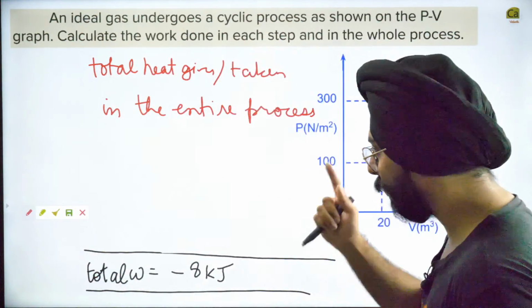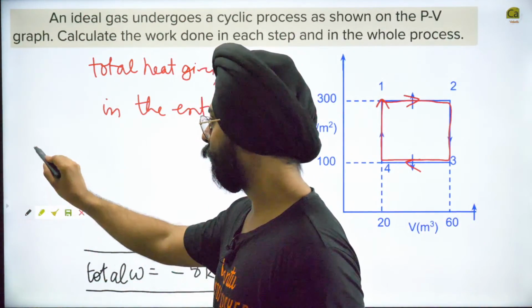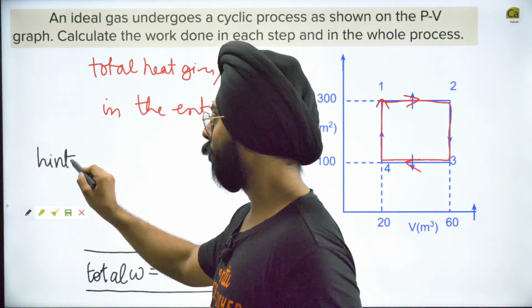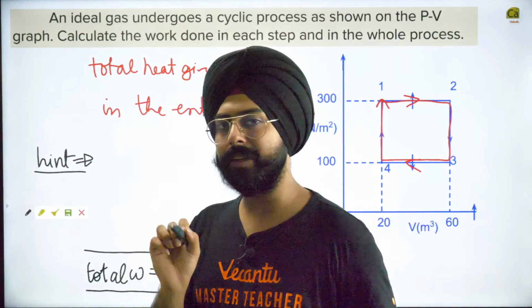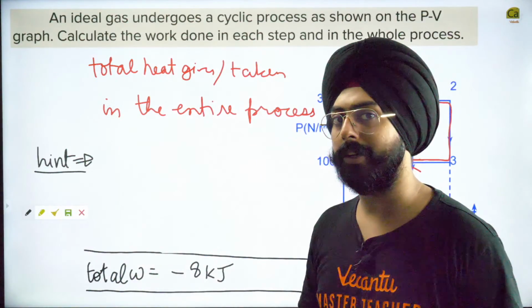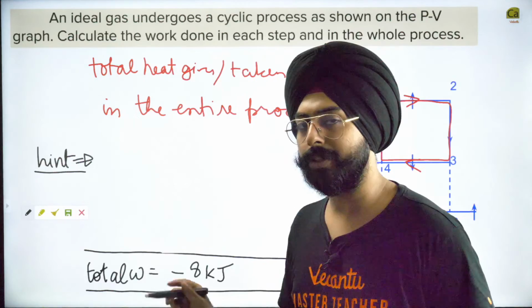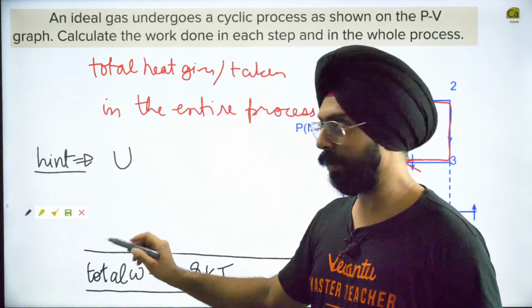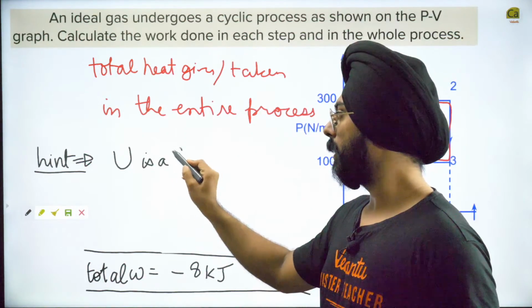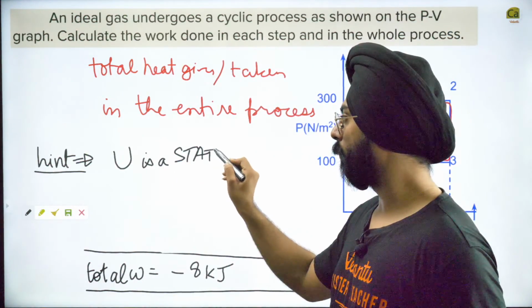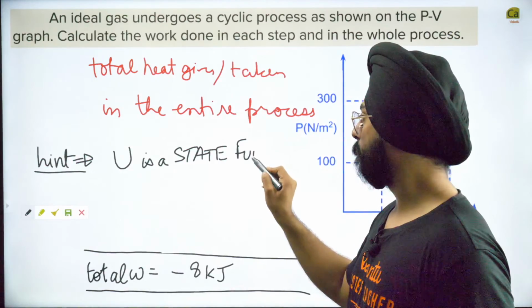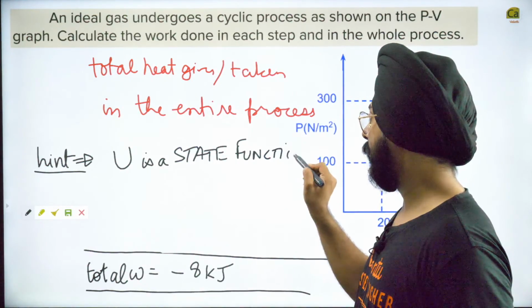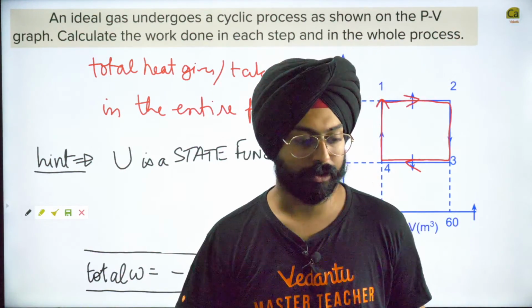My dear friends, for this, let me give you a hint. The hint is something that we had discussed very briefly in the very first class. Your internal energy U is a state function. Internal energy is a state function.